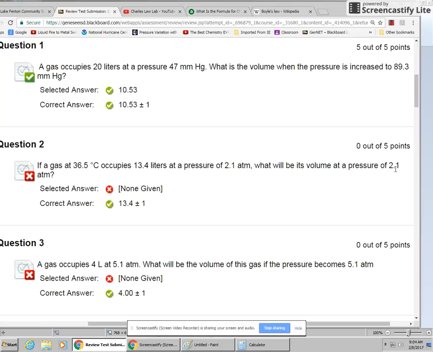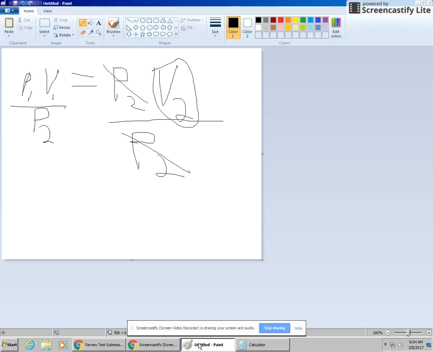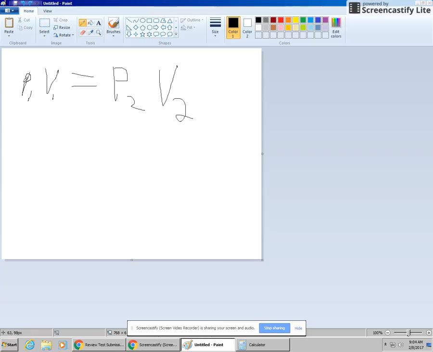Then you have volume 2 and you're solving for pressure, right? So this is the same thing. You've got pressure 1 given, volume 1 given, you've got pressure 2 given, and you're solving for volume 2. This is the exact same thing, but with a different number.